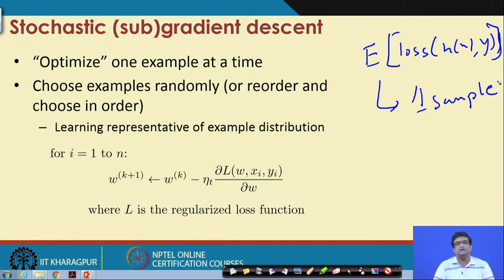You choose the samples in random order, so you do not have any particular order, and then your update is just using xi and yi. You are using one example to calculate the loss only on that example, and then using that to update the parameter w. So, this is your stochastic gradient descent.